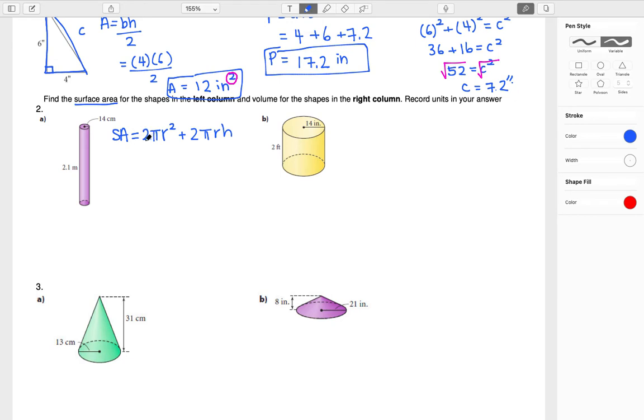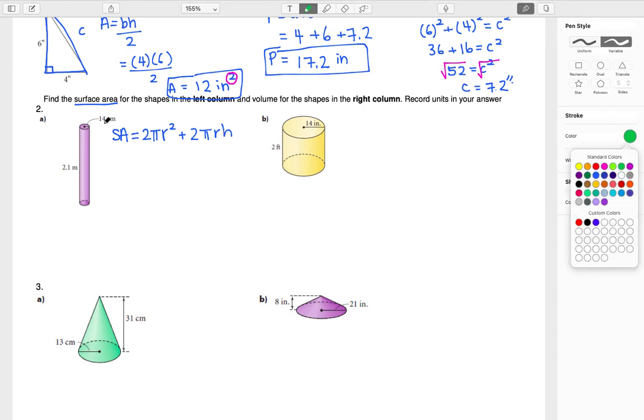After you figure out the shape and the formula, we're going to plug in all the information that we have. But not so fast. You will notice that the radius is 14 centimeter, but the height is in meter. So you have to make sure that the units are the same.